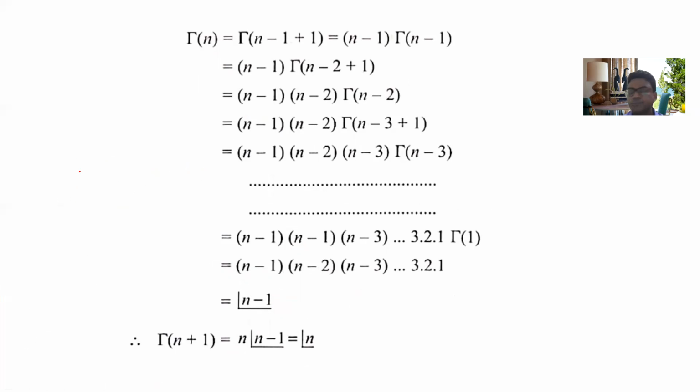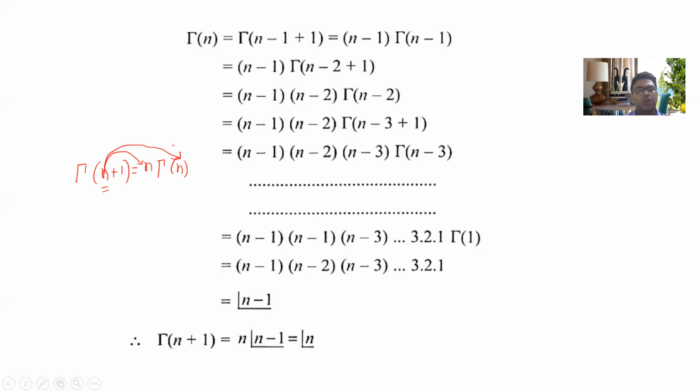that gamma n plus 1 is equal to n gamma n. So the formula says that something plus 1 gives this n outside and this n inside.